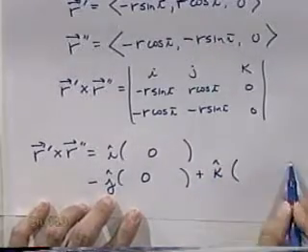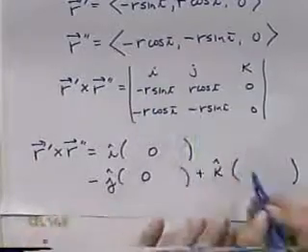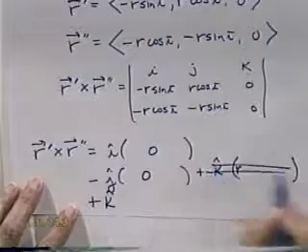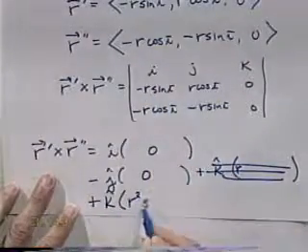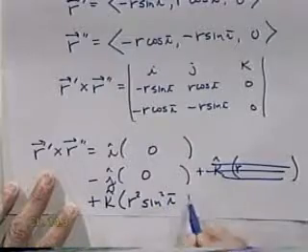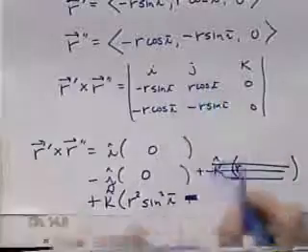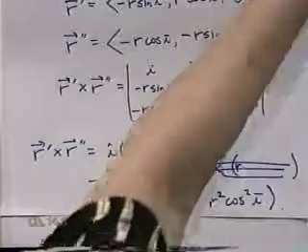Plus k times minus r sine t times minus r sine t, which is r squared sine squared t, minus minus r cosine t times r cosine t, which makes it a plus r squared cosine squared t.